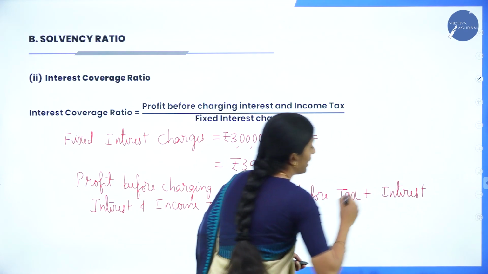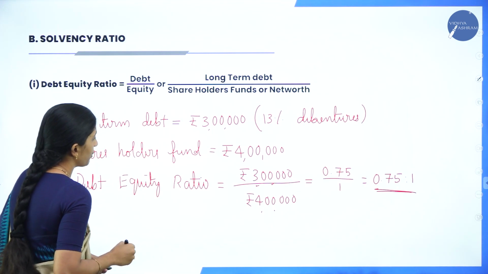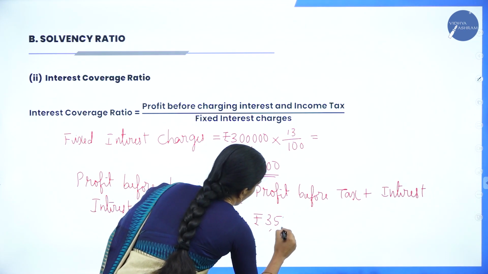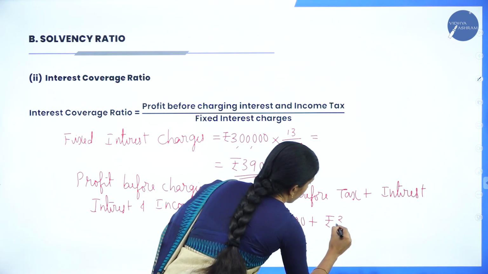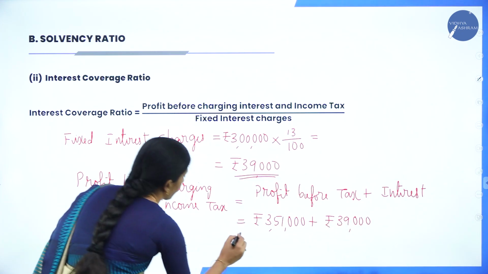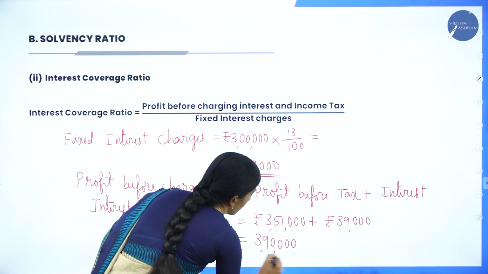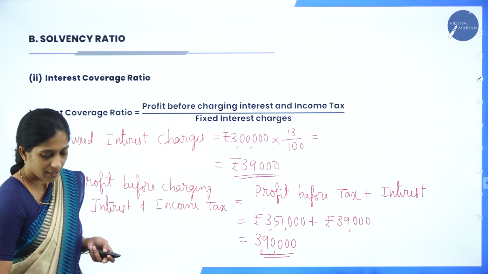So interest already we have calculated. So profit before tax is 3,51,000 plus your interest is rupees 39,000. So 3,90,000. So 3,90,000 is profit before charging interest and tax.